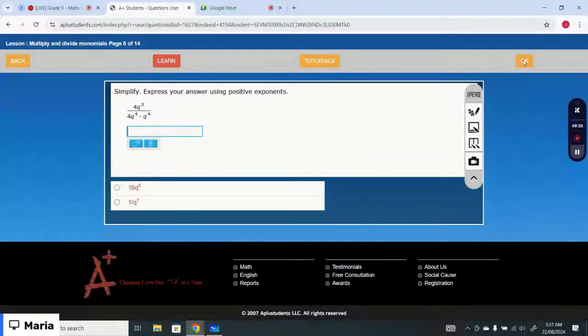That is 1 divided by q^7. Option number 2 is the correct option.